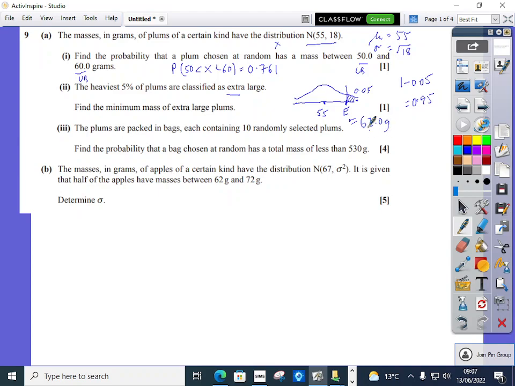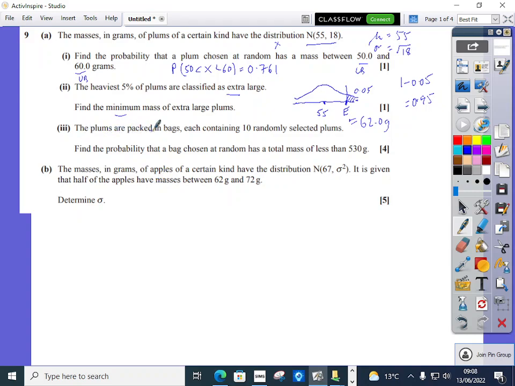Just write 62.0 to 3 significant figures just in case. So that's what you would expect the lowest one to be. Now it does say minimum, because you would sometimes get higher than that, but anything 62 or higher would give you that probability of being selected. So that's why they chose that word, minimum.